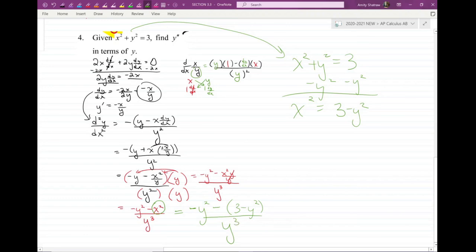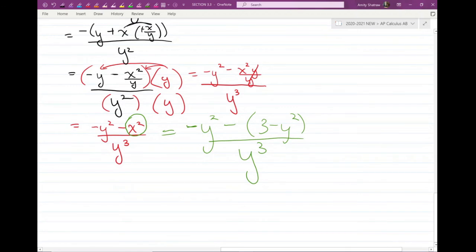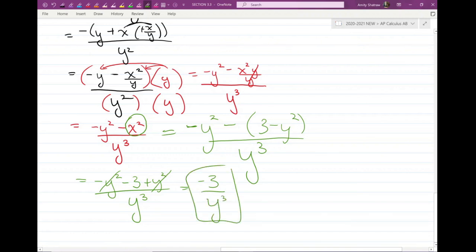All right? And why would they do that? Well, it looks to me like what we end up getting is going to be negative y squared minus 3 plus y squared, and this is all over y cubed. They did this because the y squareds cancel out, and my answer will be negative 3 over y cubed. Ta-da! I just thought you'd like to see that.